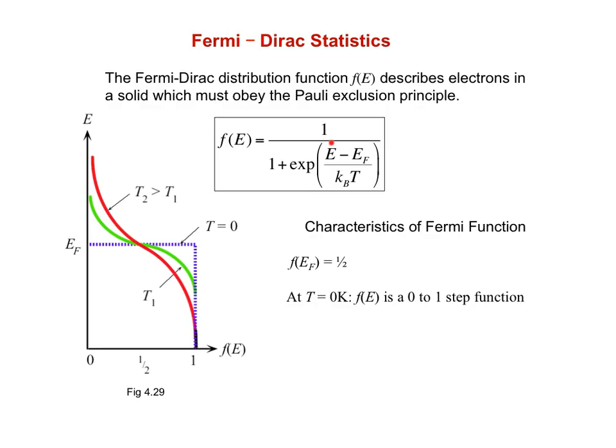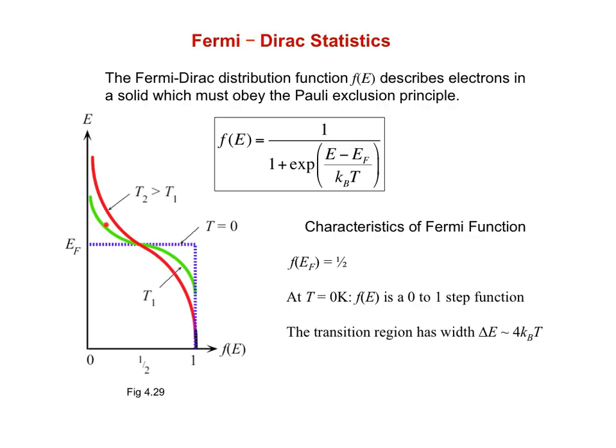When the energy of the state is greater than the Fermi energy at t equals 0, this exponential becomes infinity such that the Fermi function becomes 0. Again, as we expect above the Fermi energy. Thus, at 0 temperature, we get a step function giving us entirely filled states for states with less than the Fermi energy, and then entirely empty states for states with energy above the Fermi energy.